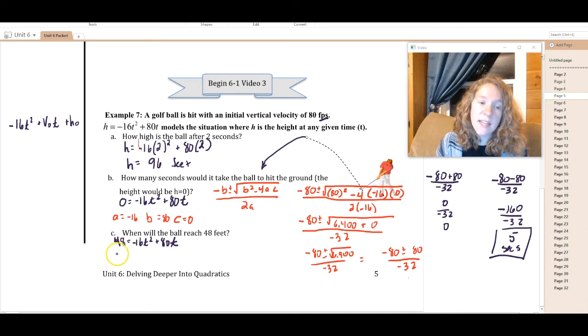So I've got to put it in standard form, which means subtracting that 48 from both sides. So I get 0 equals negative 16 t squared plus 80t minus 48. All right, my A value then is negative 16, my B value is 80, my C value is negative 48.